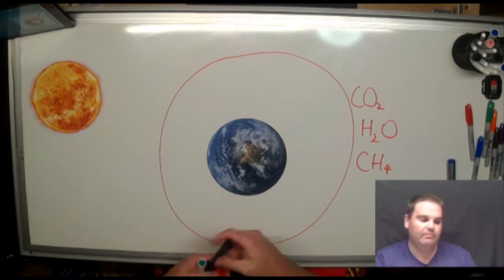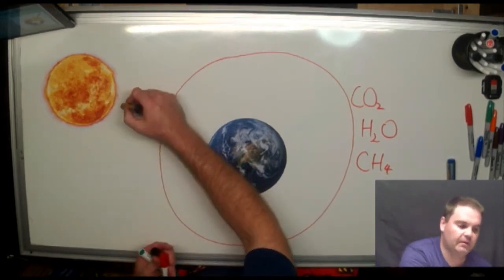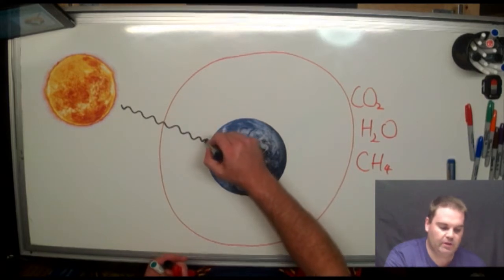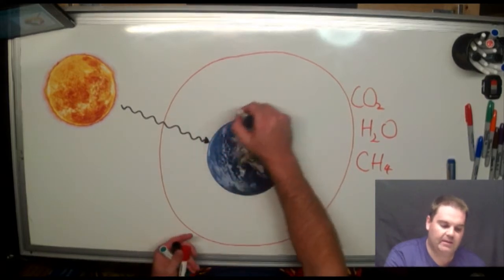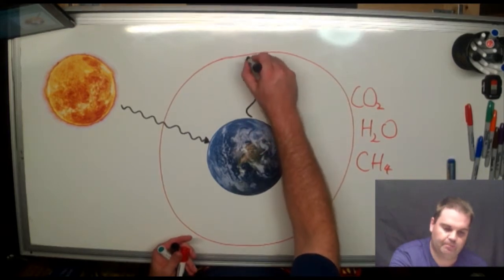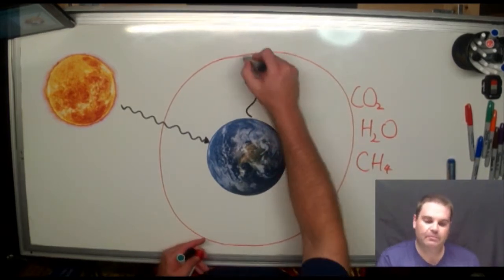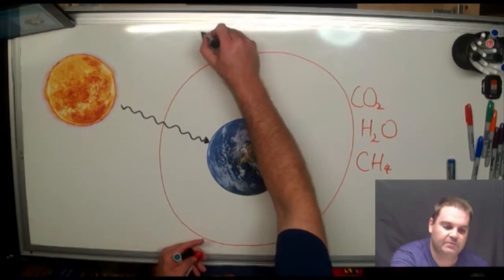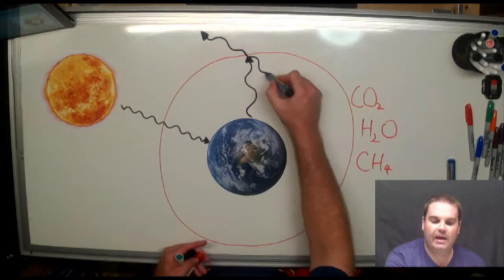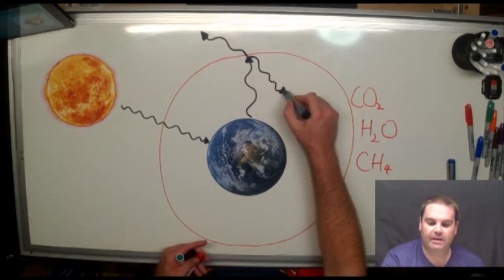So that short wavelength radiation from the sun comes in like this, okay, hits the surface of the Earth, and is re-radiated as long wavelength radiation. Now what's important is that some of this passes out into the atmosphere, but some of it is absorbed by these gases and is reflected back in.